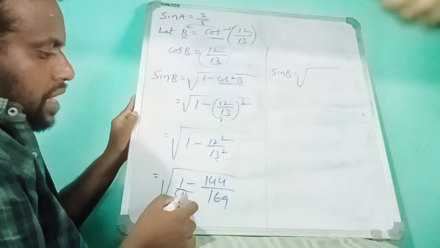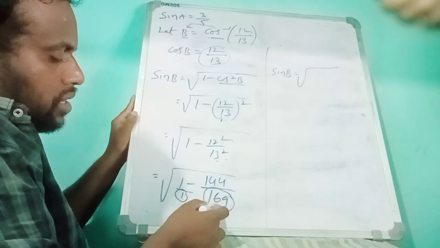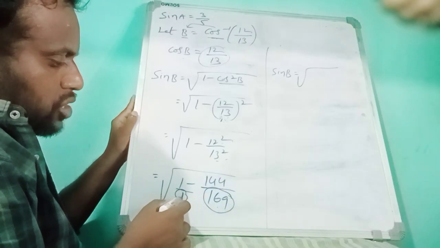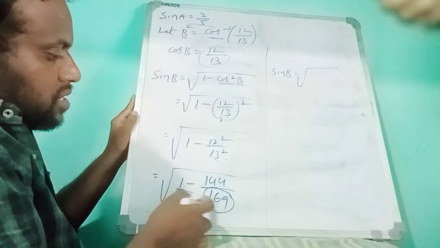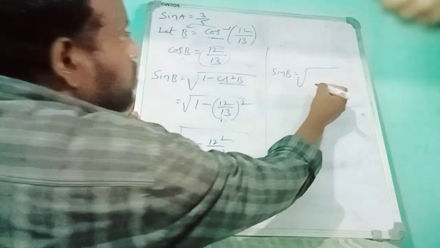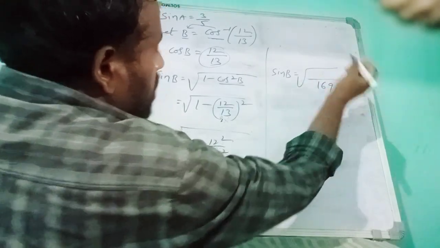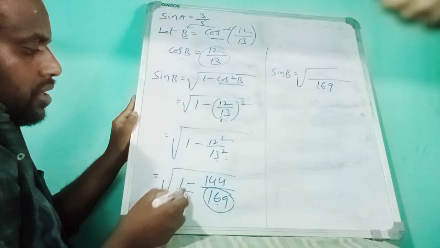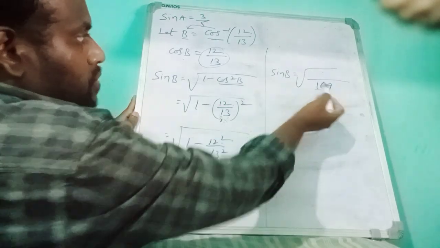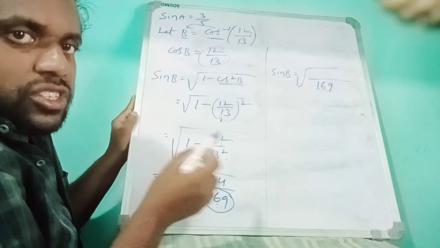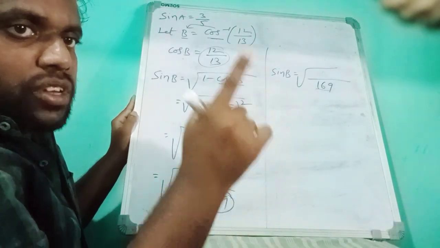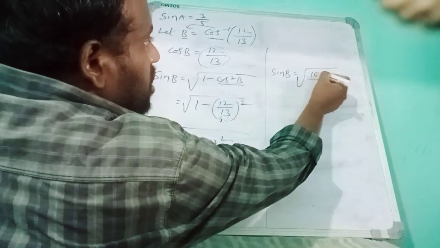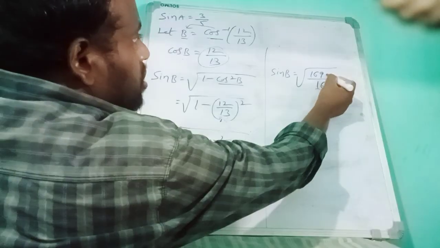Since this is 1, the LCM of these two is 169, the multiplication of this and this. 1 into 169 is 169. Next, divide 169 by the denominator 1, and you get 169 only. Multiply that 169 with the numerator 1, so 1 into 169 is 169 only. Next, the minus you keep as it is.